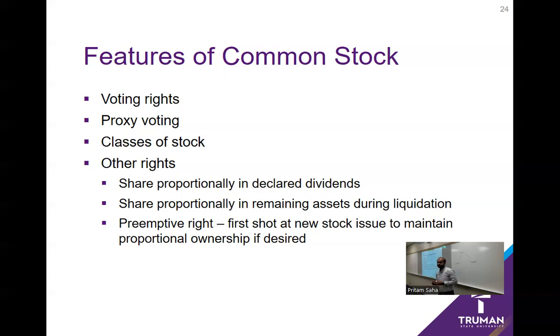Classes of stock. Common stock in general would come with two classes: Class A, Class B. There is no difference except the number of voting rights. Let's say Class A tells you, if you have one stock, you have one voting right.